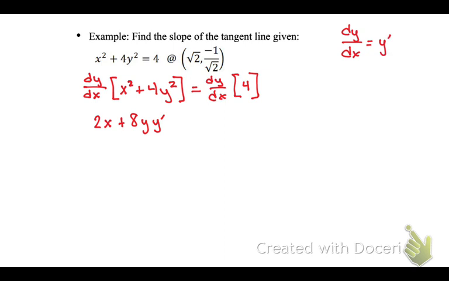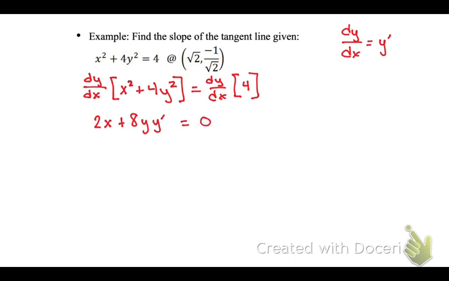In our problems, we put y prime equals all the time. dy/dx tells me I have to find the derivative, and when we're done, we say it's y prime. So what is the derivative of 4?